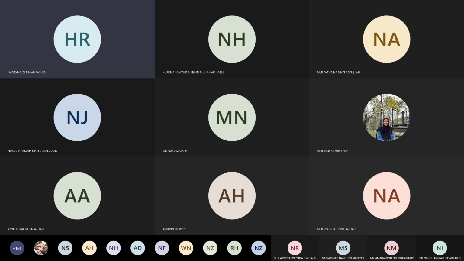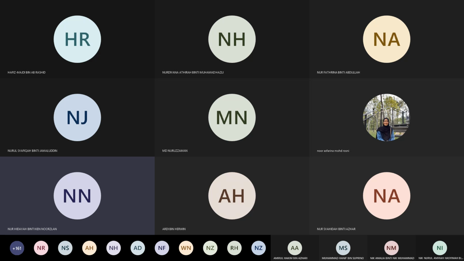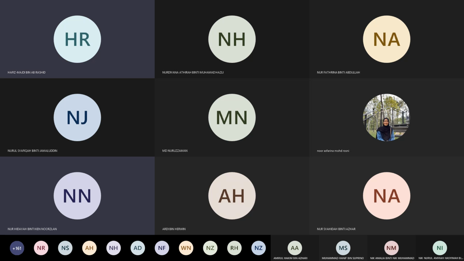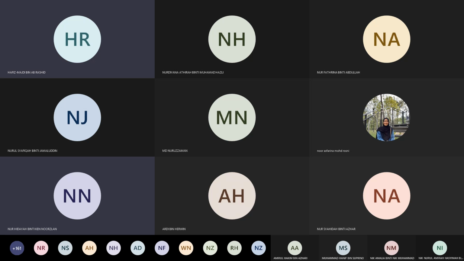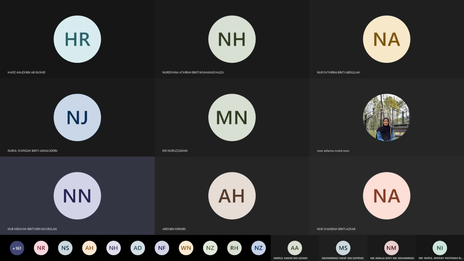Regarding determining the transaction price, for variable consideration, the example is discount, right? How will that increase the transaction price?